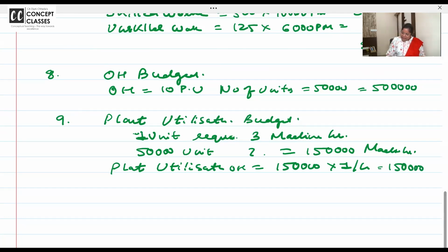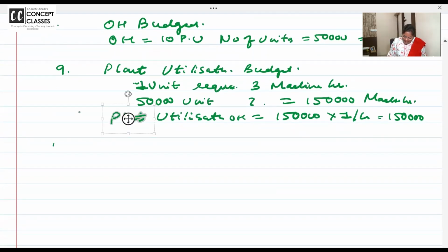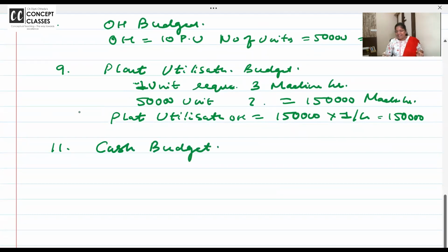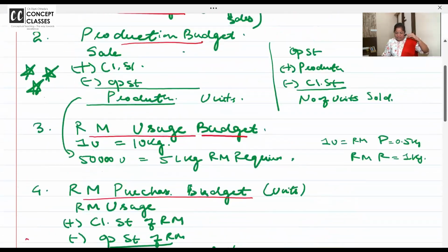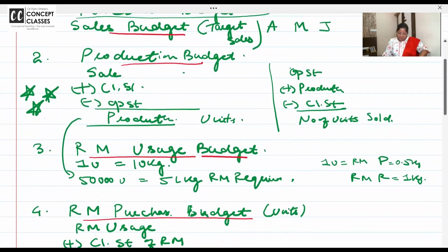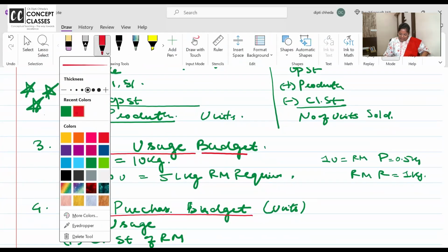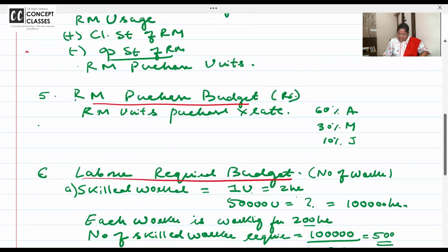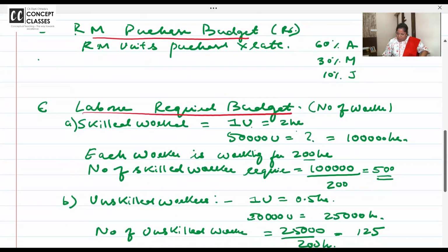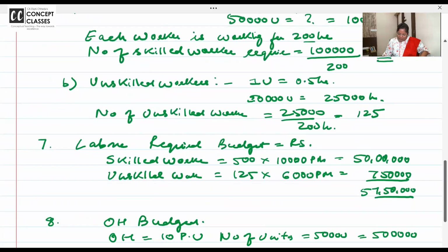1,50,000. Last, and so many times asked in exam, is the cash budget. You have prepared sales, production, then raw material usage, raw material purchase in units, then raw material in rupees, labor required, then labor required in rupees.